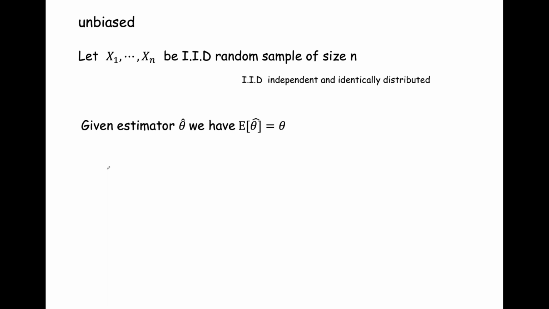Now, that IID assumption is really important. Independent means that if you get sample x1, it does not influence the outcome of the next sample, or the next one, or the next one. So they're all independent, identically distributed, meaning the same population parameter that gave you the first sample is also giving you the second, the third, the fourth, and so forth.